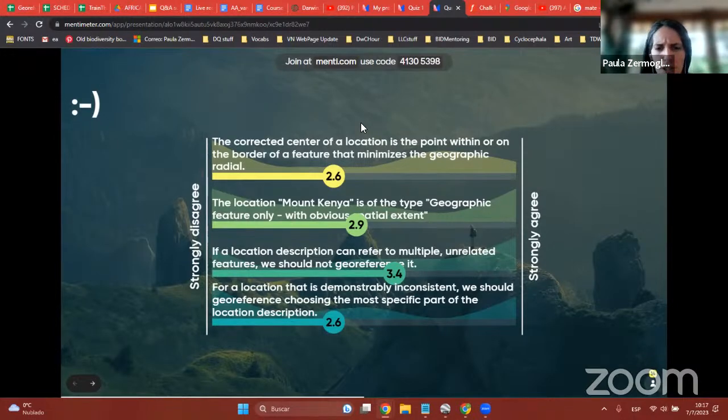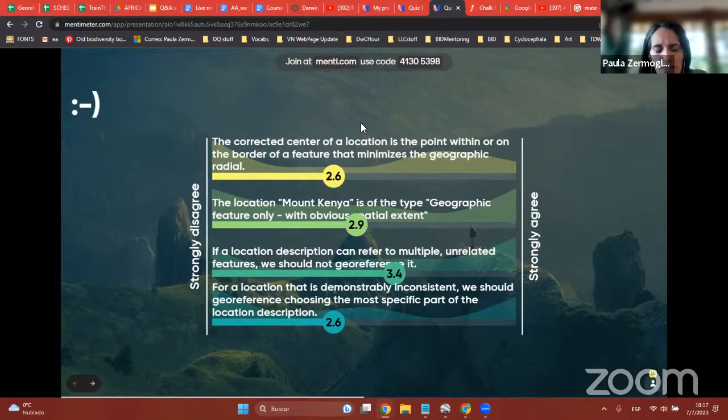We have only very specific information, and that information is inconsistent. Or we have only two fields, and those two are inconsistent, we should not georeference that. Why? Because we cannot tell which part of the location is right or wrong.